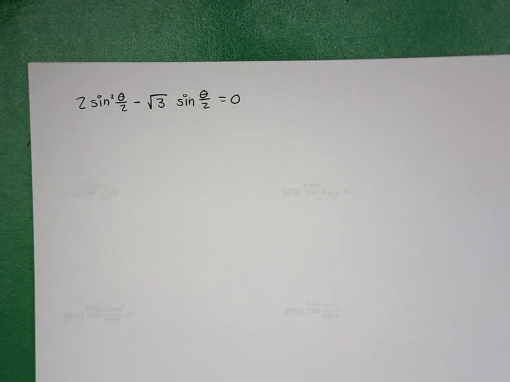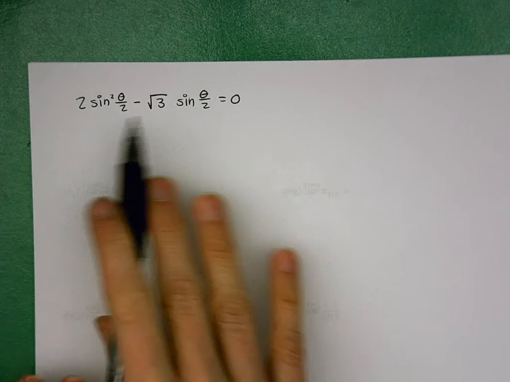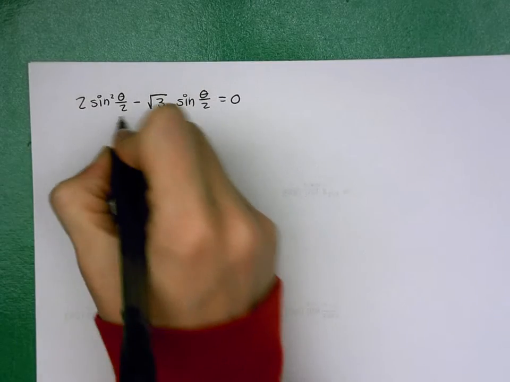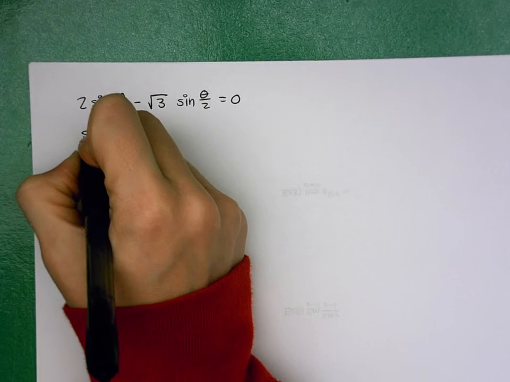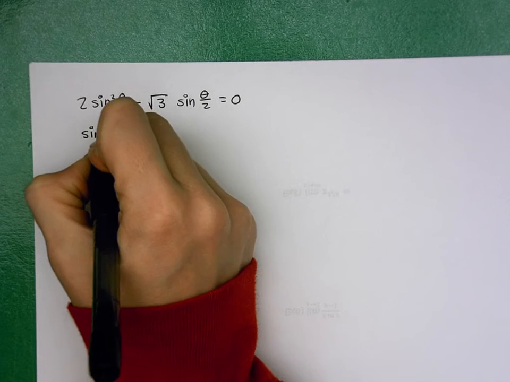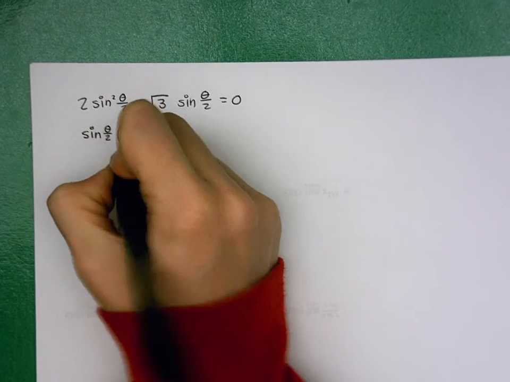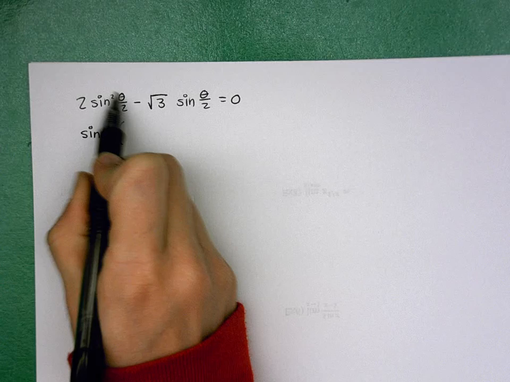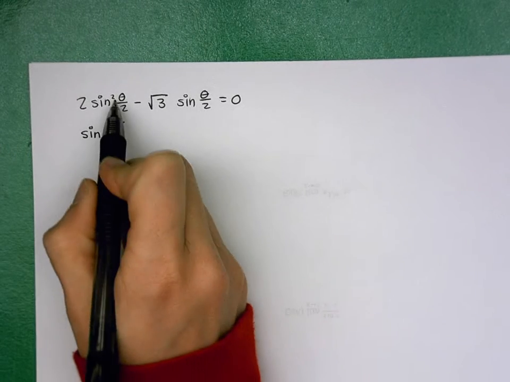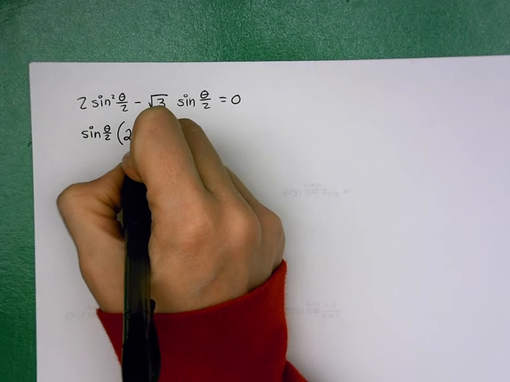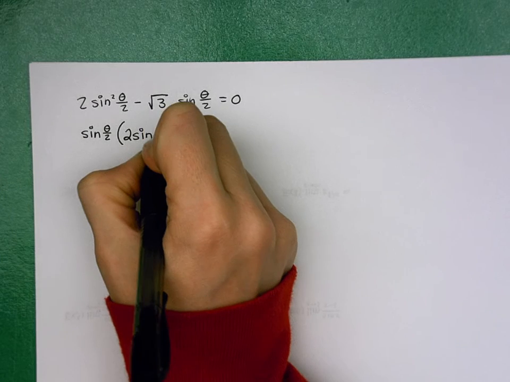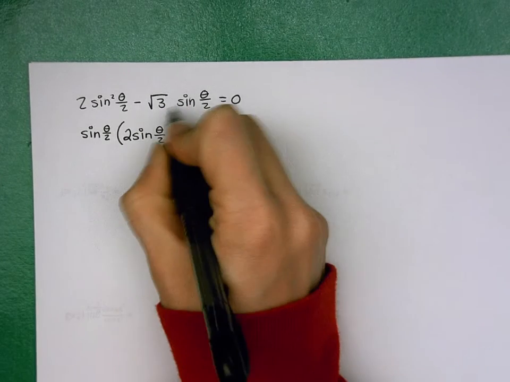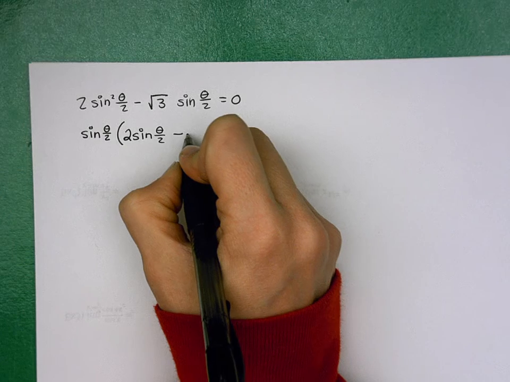Okay, so factoring, as I look at these 2 terms here, I notice they have a sine theta over 2 in common, so this is a GCF factor. Go ahead and pull out our sine theta over 2. And so what would I be left inside? Well, when I pull a sine theta over 2 out of this first term, I'm left with 2 sine theta over 2. And in this second term, when I pull out the sine theta over 2, I'm left with root 3.